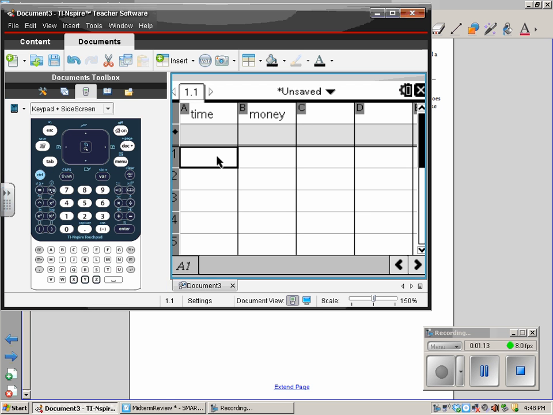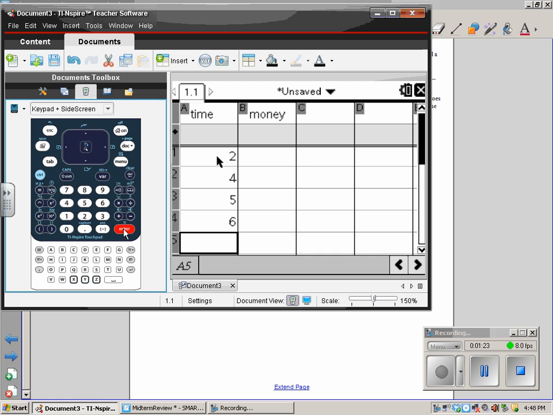Okay, so time and money. So the time is going 2, 4, 5, 6, 7, 8, 10, no, not 11, Mr. Gordon, 10, 11.